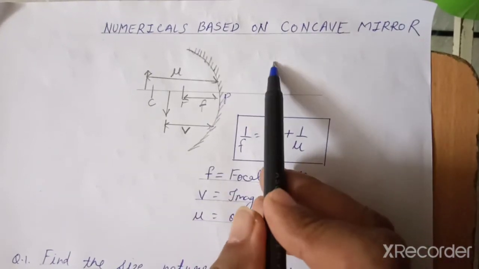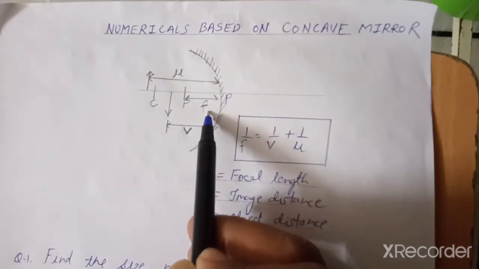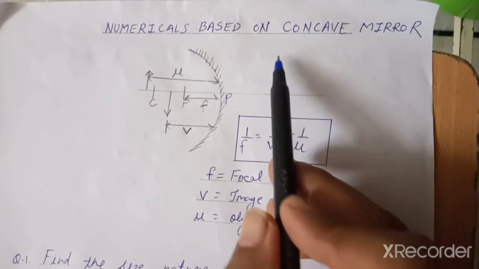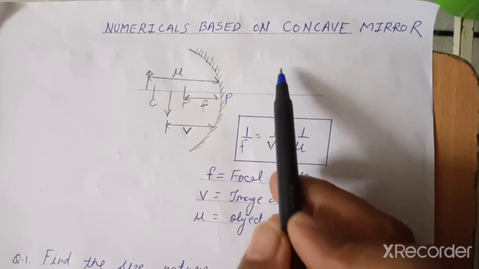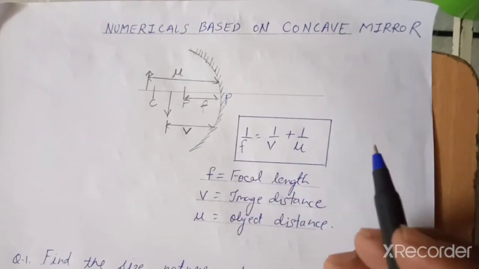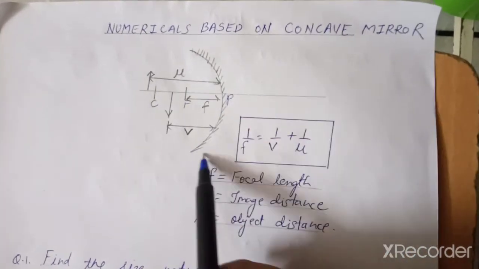Only in the case of the virtual and erect image, the virtual image which forms on this side will be considered positive. So you have to take care when solving numericals based on the concave mirror. This is the sign convention of the concave mirror.